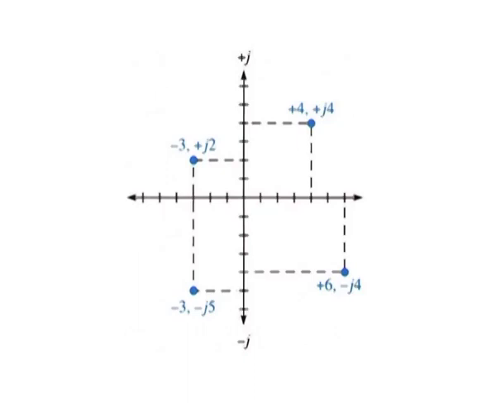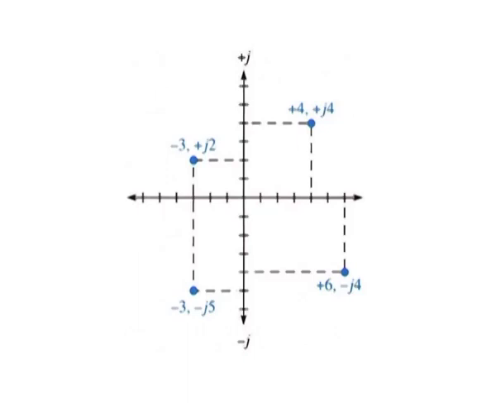For example, in this figure, the point located in the first quadrant has a real value of plus 4 and a j value of plus j4, and is expressed as plus 4 plus j4. The point located in the second quadrant has coordinates minus 3 and plus j2.